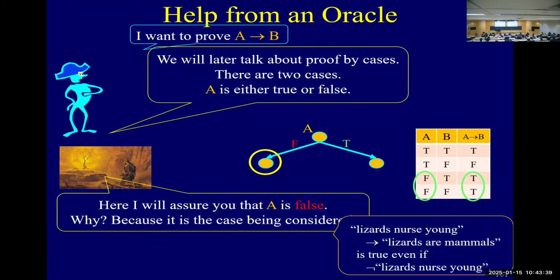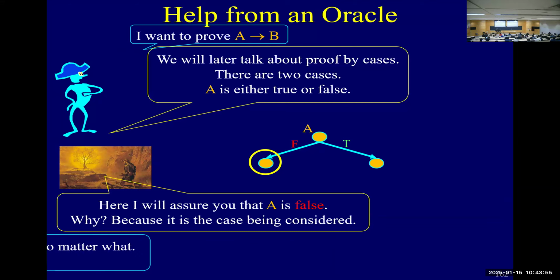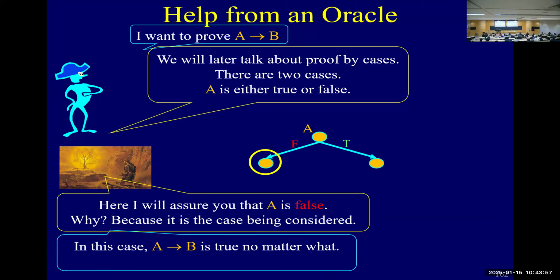Or you could say this is what Darwin says. If anything nurses its young, in fact, you could say the definition almost of mammals is that it nurses its young, right? All right, so this is true no matter what, and we're done.